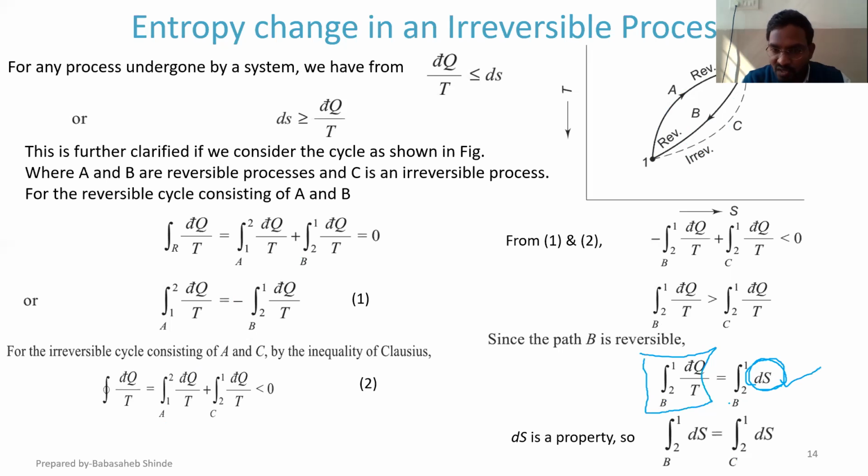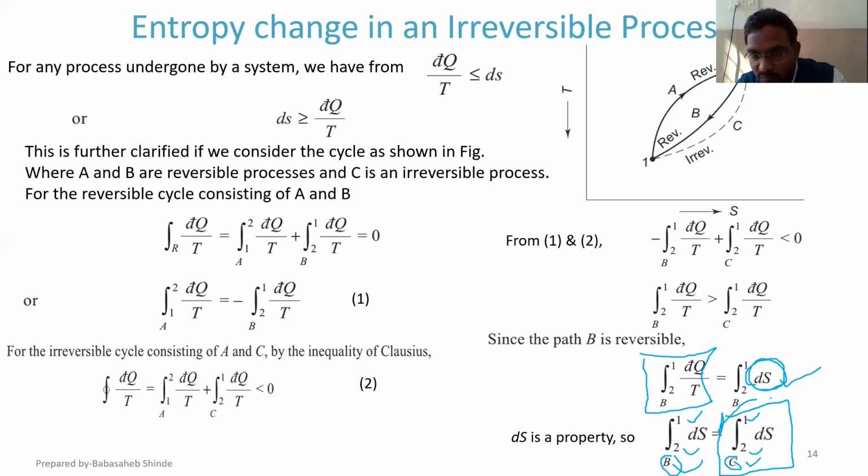Whether I am following path B or path C, for the same state change, 2 to 1, it is going to be independent of the path. So the entropy change for path B as well as for path C is going to be the same. So I have got: change in entropy for B is equal to change in entropy for C.